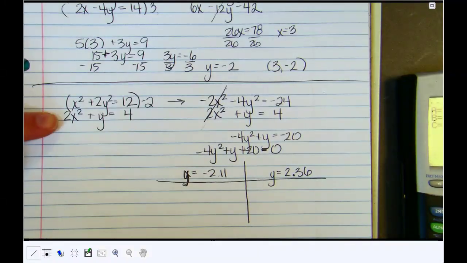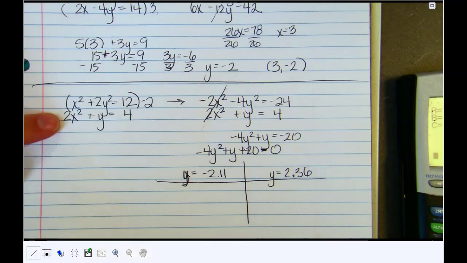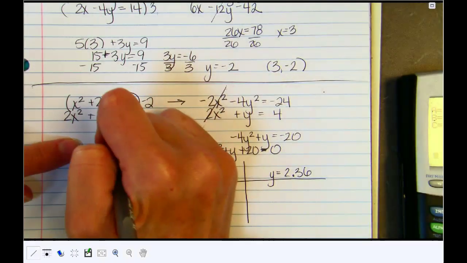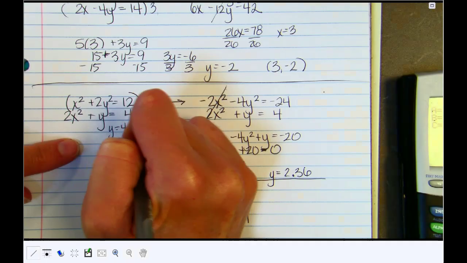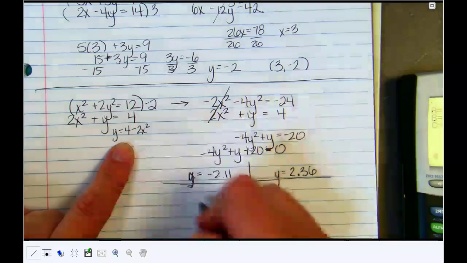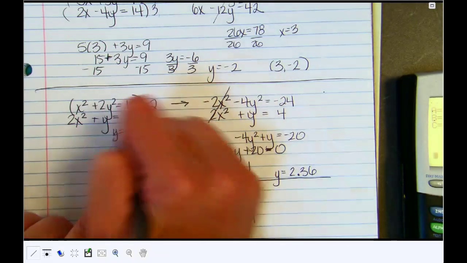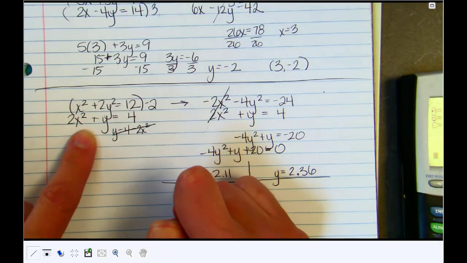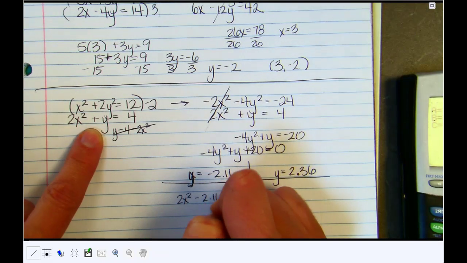So you're supposed to have 4 answers. Okay, so I'm gonna put this into the bottom. Remember we talked about always putting it into the simpler equation. I'm just gonna solve for x this way: 2x squared plus y is equal to 4.